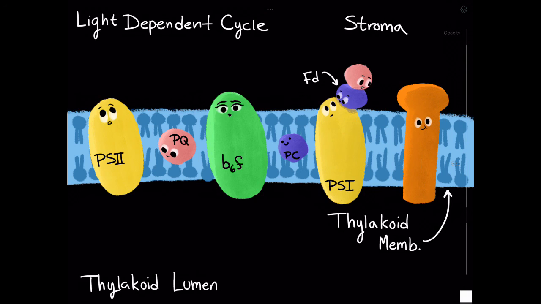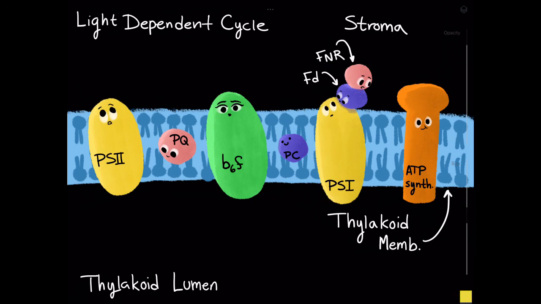And, of course, ferredoxin NADP reductase, or FNR. And our last little guy here, possibly the most important part, well actually they're all pretty important, is ATP synthase. And he's going to work just like the ATP synthase in our electron transport chain.